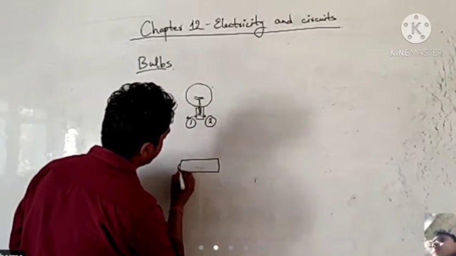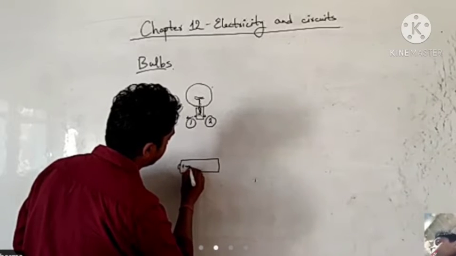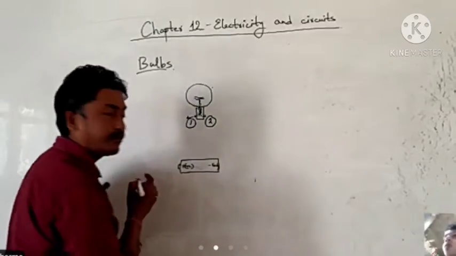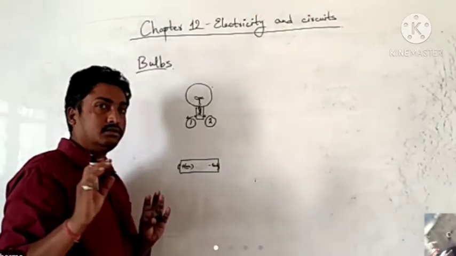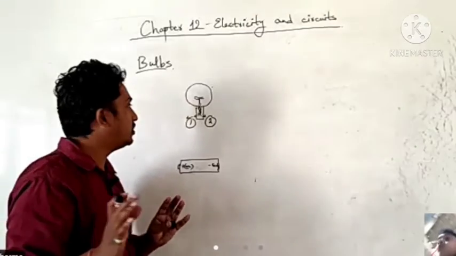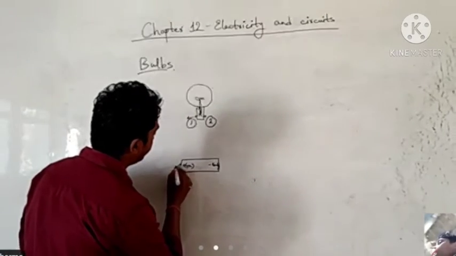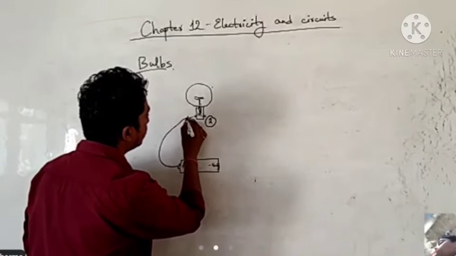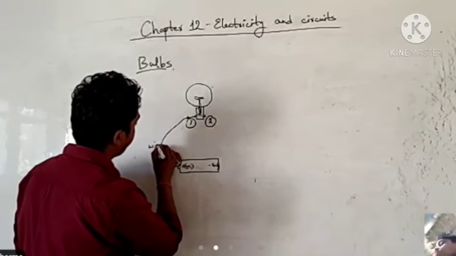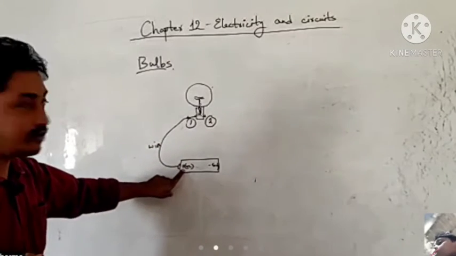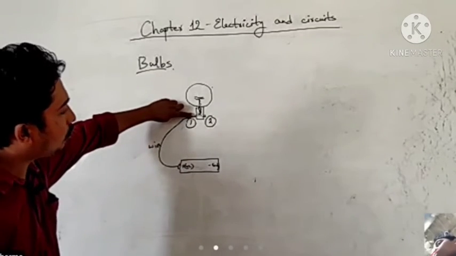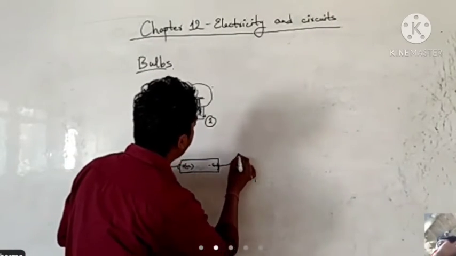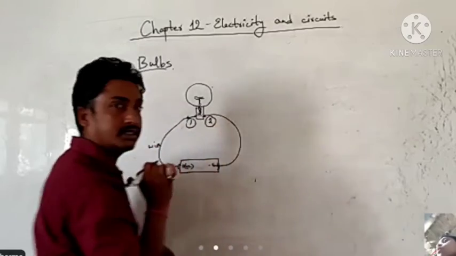We have a bulging end, a positive terminal here and a negative terminal here. To make a simple circuit, we have to connect a wire. So one terminal of the wire is connected to one end of the bulb and the other terminal of the wire will be connected to the other end.